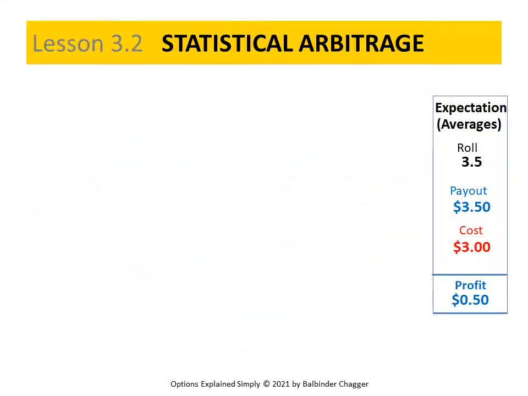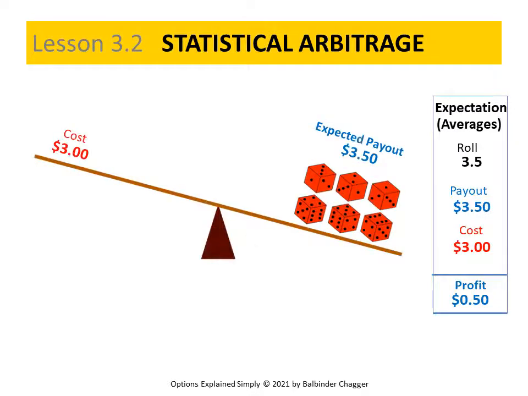What we have in this game is a theoretical arbitrage profit opportunity of 50 cents per play. After 100 plays, we expect to make $50 theoretically. However, our expectation is not guaranteed to materialize. The $50 profit is a theoretical result based on the 1/6 probability of each number being rolled.